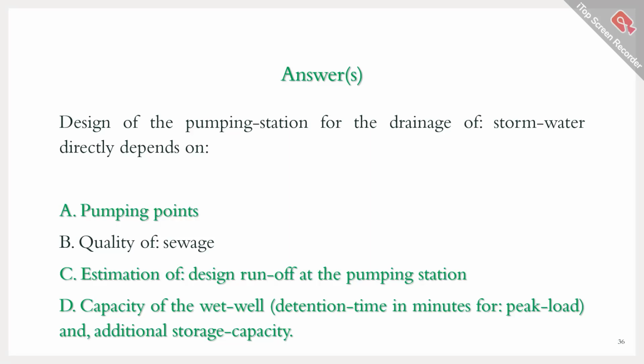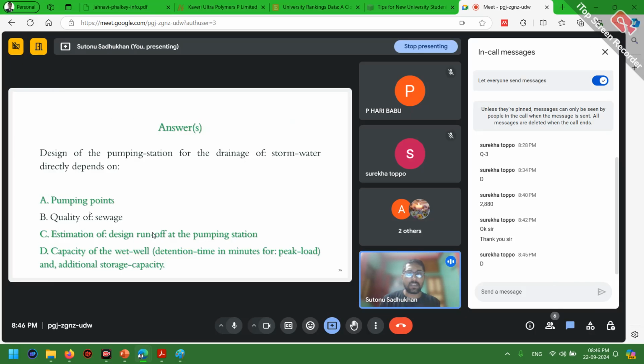Option D is a correct option, but options A and C are also correct because it is a multiple choice question. Quality of sewage is not considered while designing a pumping station for the drainage of storm water because storm water has nothing to do with sewage. If it was designed for a sewage treatment plant or STP, then you would have to consider the quality of sewage also.